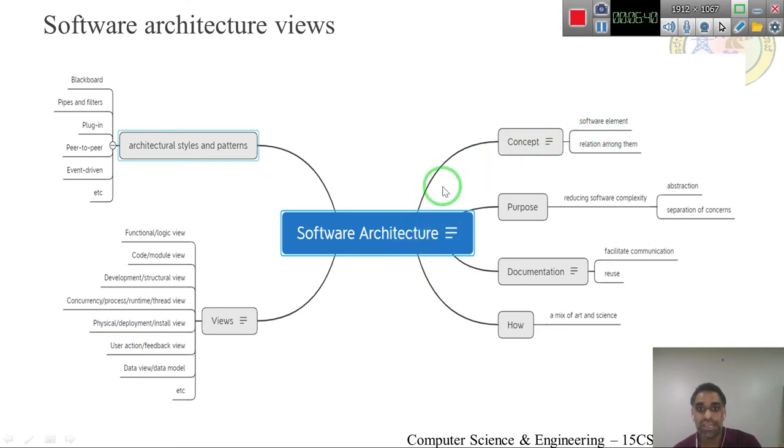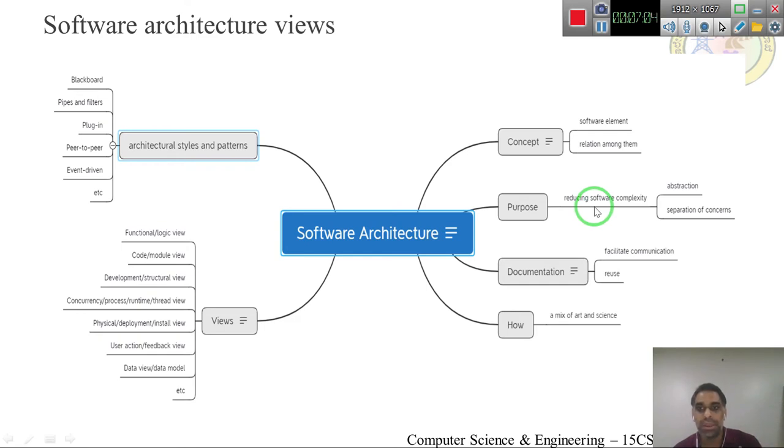So software architecture provides the concept which tells you that each software product contains software elements and relationships among the different elements. Then the purpose of software architecture is to reduce the software complexity. So what is the purpose behind software architecture? To reduce the software complexity.